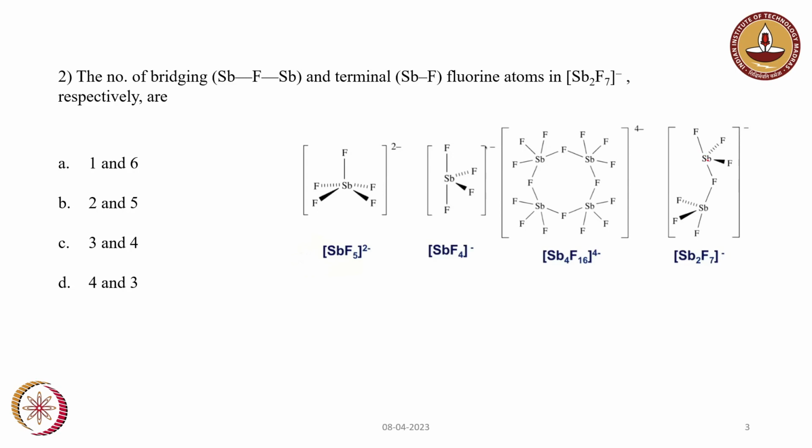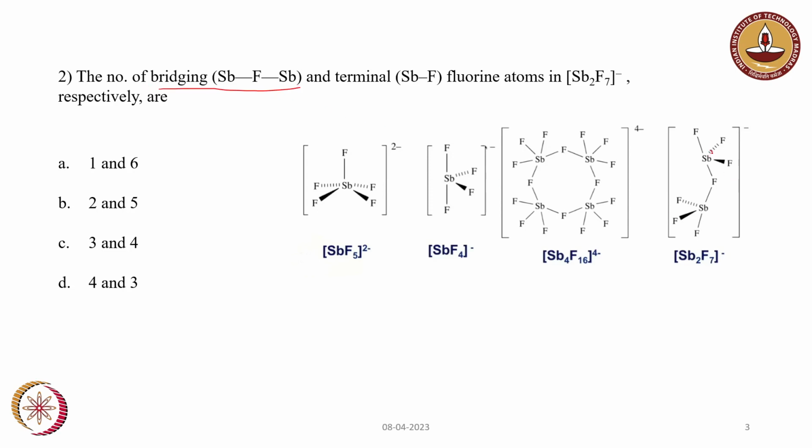One antimony is having 3 terminal fluorides and one Sb-F-Sb bridge is present. So the question is the number of bridging Sb-F-Sb bonds.